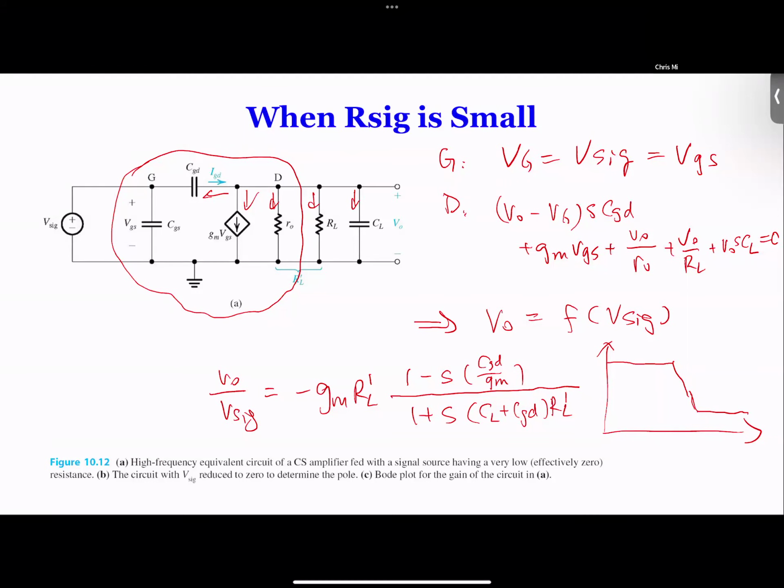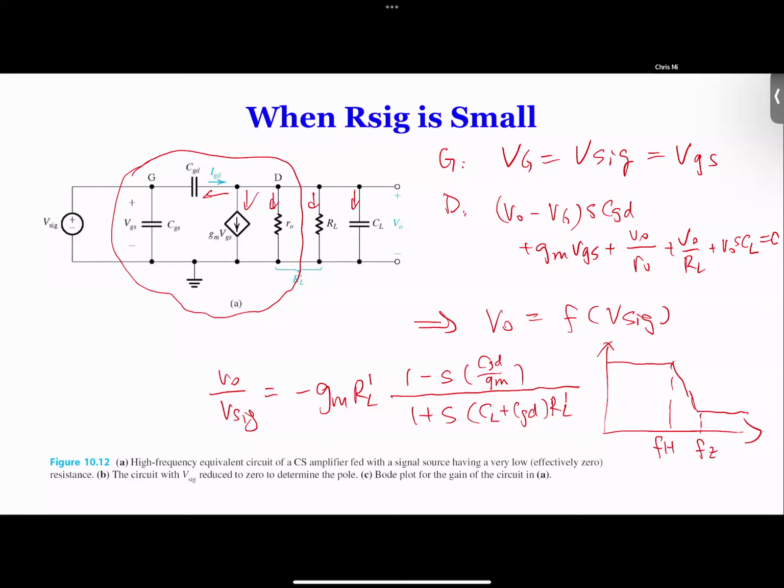That's the frequency equivalent to 1 over CL plus CGD times RL. That's your pole. And what is the frequency over here then? That's the frequency corresponding to this one, because that's where the 0 comes into play. So we get 1 0 and then 1 pole. This is omega h, or FH. And this one we call F0. So you got 1 0, 1 pole.